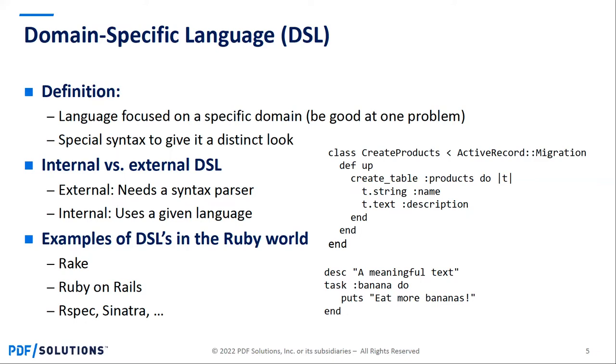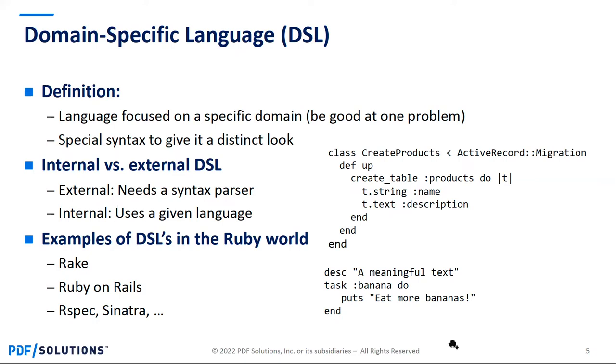And in the Ruby world, there are lots of examples of DSLs, like Rake, which is the makefile approach from Ruby on steroids, or Ruby on Rails, a very popular web front end, or RSpec for testing, and Sinatra.